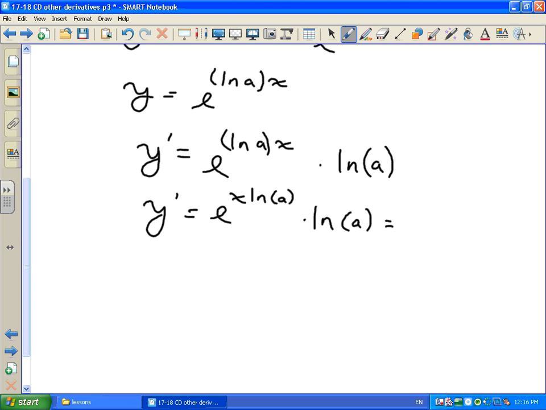Or I can move the x back up into the exponent, so this is going to be e to the ln a, to the power of x, times ln a. But again, the e and the ln just cancel out, so I'm left with a to the x times ln a.